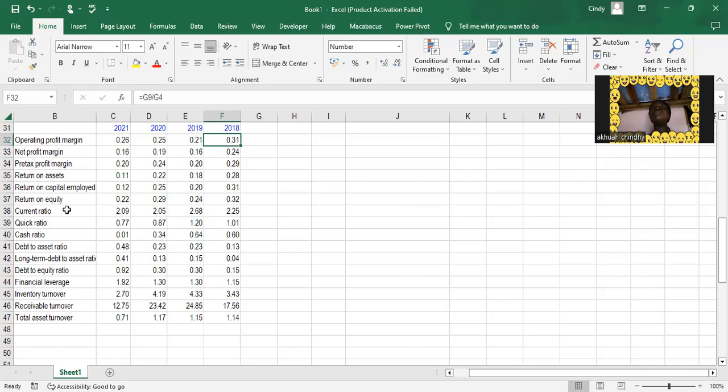Then let's say the current ratio. It's current assets over current liabilities. I'll not touch on everything. With the current ratio, we had 2.25, and then there was a liquidity ratio. I know that liquidity is about how the business is able to satisfy a short-term obligation as and when they are due.